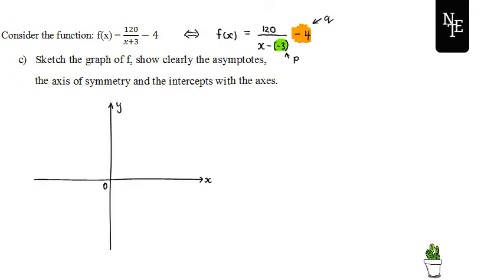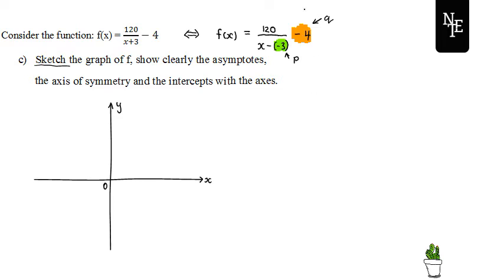Question C. We are asked to sketch the graph of f, and clearly show the asymptotes, the axis of symmetry, and the intercepts with the axes. So now in order for us to sketch the graph of f, it will be useful for us to use this equivalent form of our given equation, because from the equivalent form we can see our p and q values immediately.